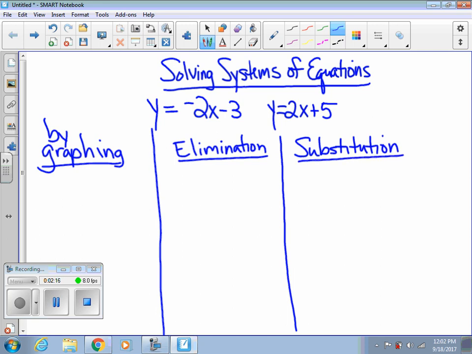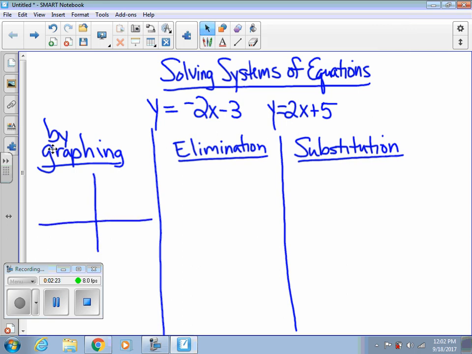So if we were to graph these two lines, this first line would start at negative 3, and we would go down 2 and over 1.